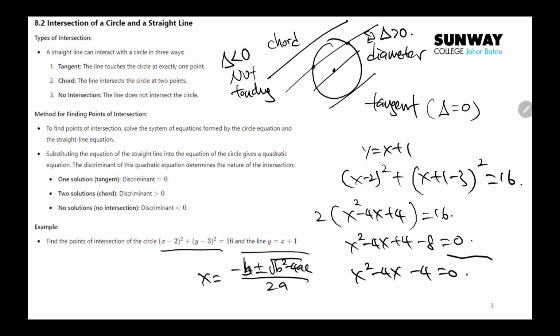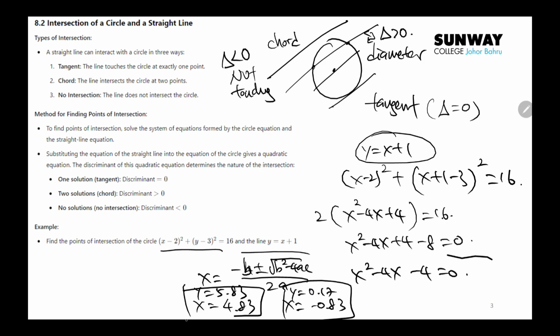So using the formula with 1, -4, -4, the answer is going to be x = 4.83, as well as x = -0.83. Once you have gotten the values of x, you can then substitute into y = x + 1, giving y = 5.83 and y = 0.17, and these are going to be the points of intersection between the circle and the line.